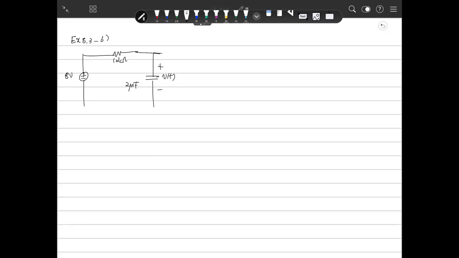There is no voltage here. We want to know here. The switch opens at t equal to 50 milliseconds, and there are 2 volts as the voltage source here. Looks like that.